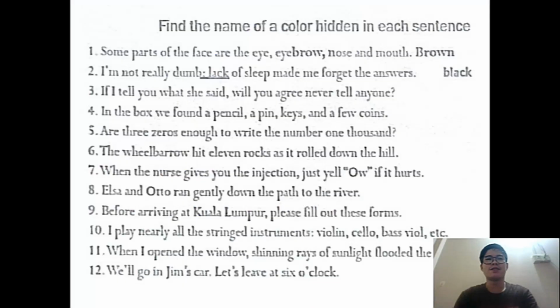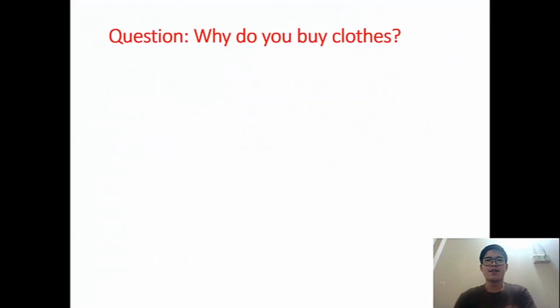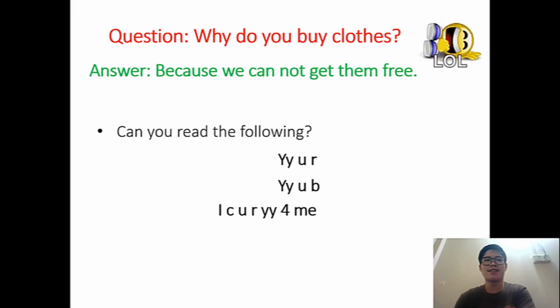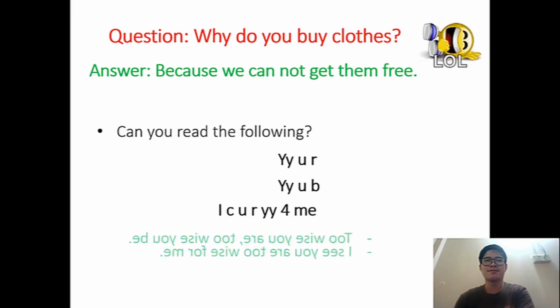The first one is find the name of a color hidden in each sentence. In this slide there are 2 games. The first is why do you buy clothes? Eliciting and read the abbreviations.